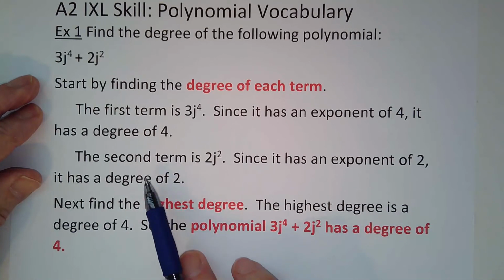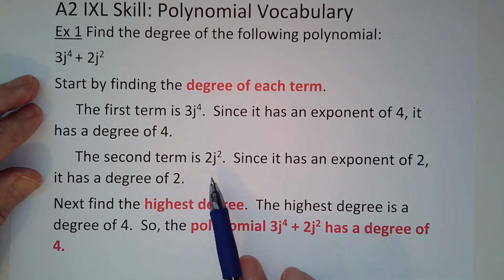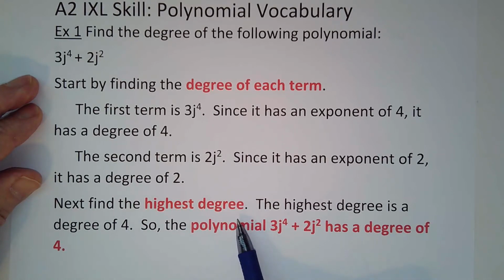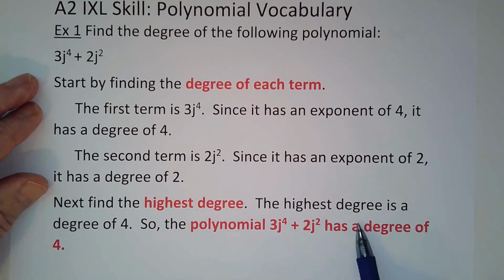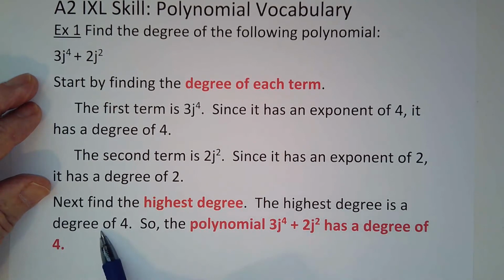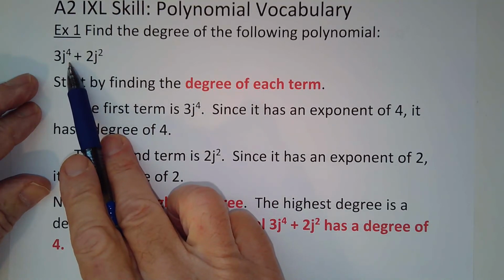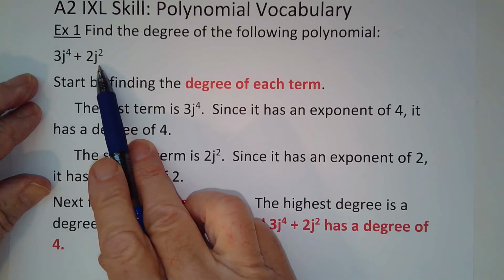So each term has a degree. Now, the next thing you're going to do is find the highest degree in the entire polynomial. In this case, the highest degree is 4. Why? Because the first term shows an exponent of 4, and the second term has an exponent of 2.